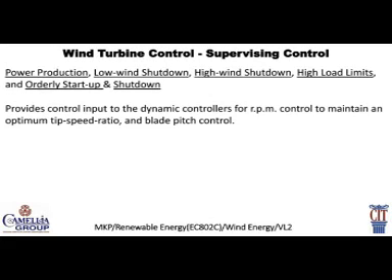Now let's know what the functions of the wind turbine supervisory controller are. It manages the individual turbine operation, including power production, low wind shutdown, high wind shutdown, high load limits, and orderly startup and shutdown.